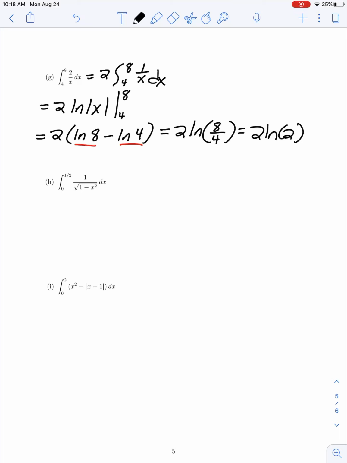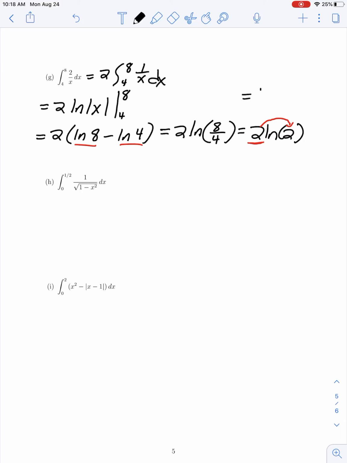So again, this would be an acceptable answer, but we can simplify a little further if we use more properties of logarithms. So recall another property of logarithms, which says if we have a constant in front of a logarithm, we can bring that constant into the exponent for the argument of that logarithm.